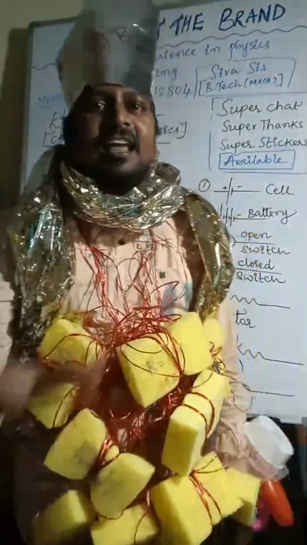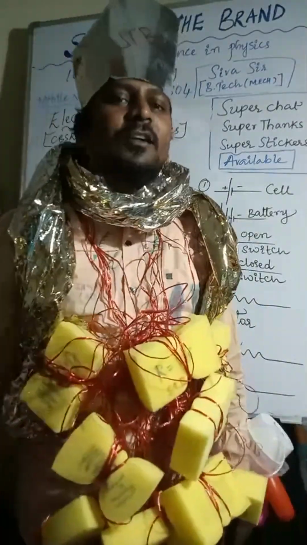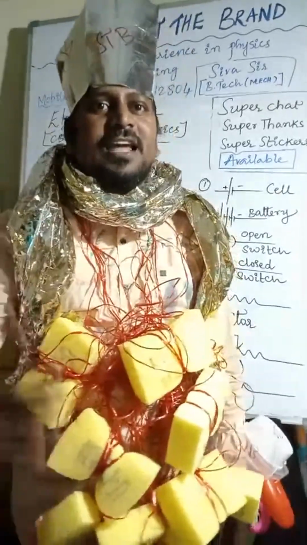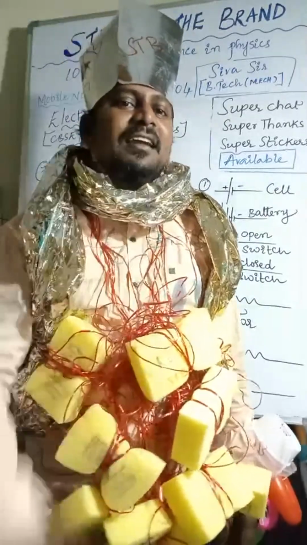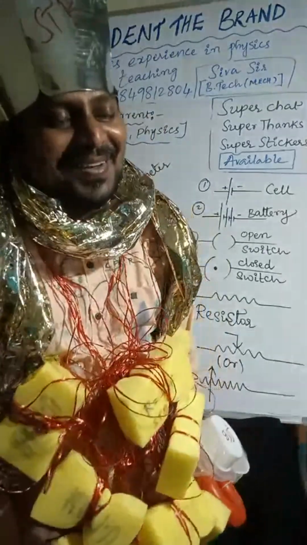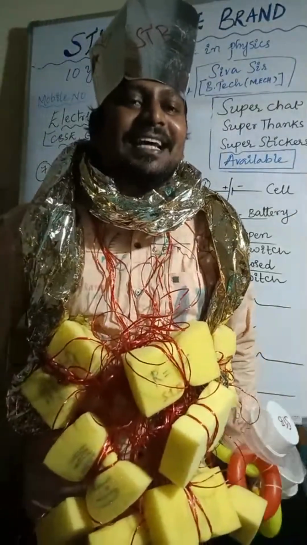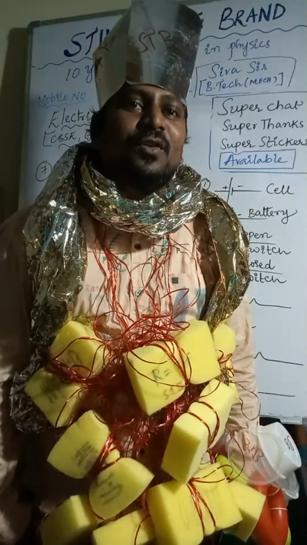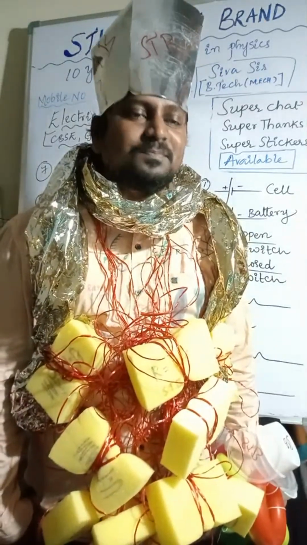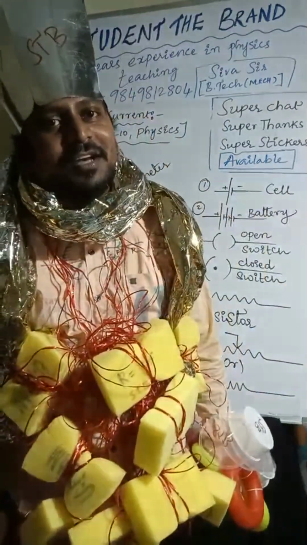Conventional current and electric current. The flow of positive charges will be considered as conventional current. The flow of negative charges, the flow of electrons, will be considered as electric current. Positive charges will move from positive terminal to negative terminal.